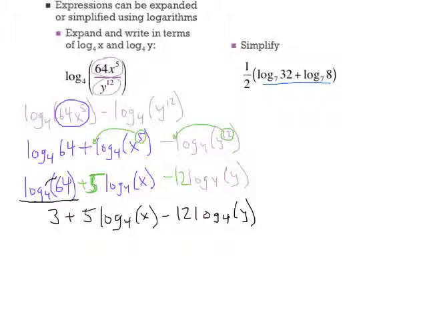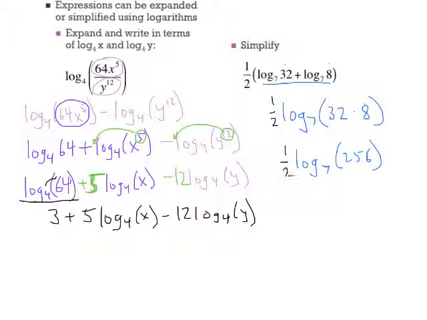I can condense that into a single log of those arguments multiplied. And so this could be written as log base 7 of 32 times 8. And in fact, while I'm doing this, why don't I do that multiplication? 32 times 8 is the number 256. So log base 7 of 256. And I still have the 1/2 as a multiplier in front. I haven't dealt with that yet, and we can do that in a second.